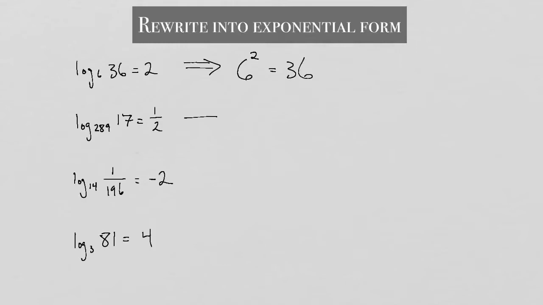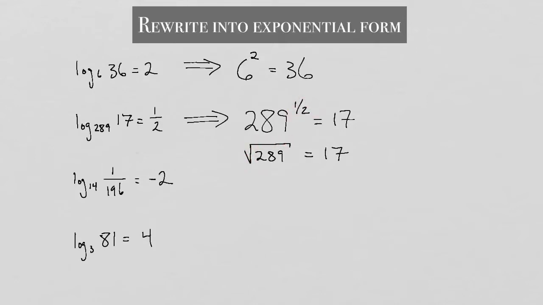So this next one, we have base 289. So 289 being raised to the half power equals 17. As you recall from your rules of exponents, when you have something being raised to a fraction, say this 289 is being raised to the half power, that's saying the square root of 289 equals 17. The half power is a square root.